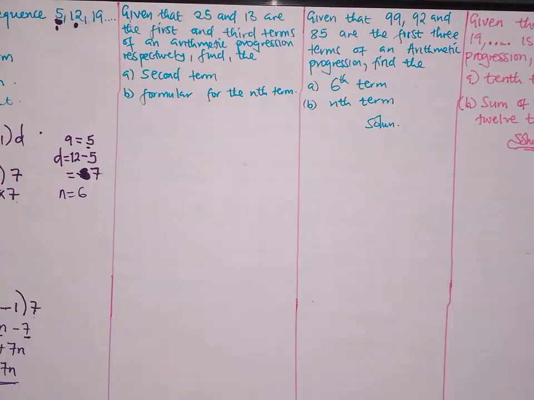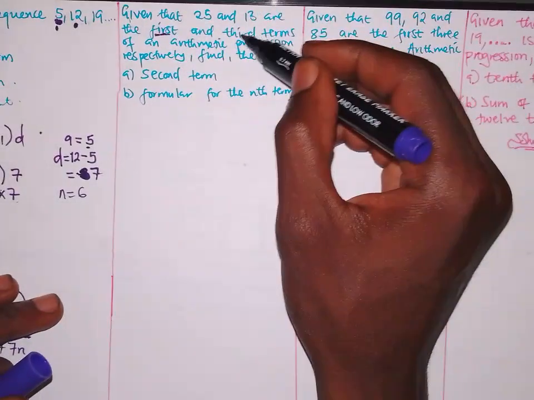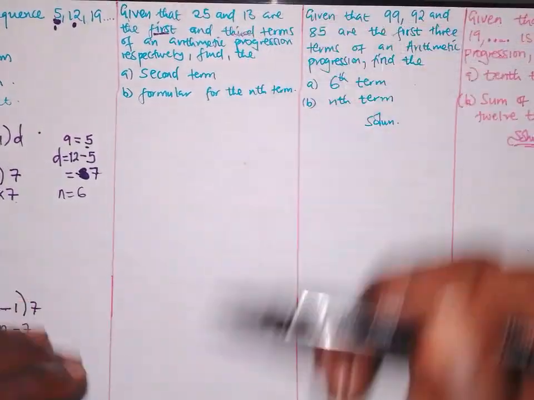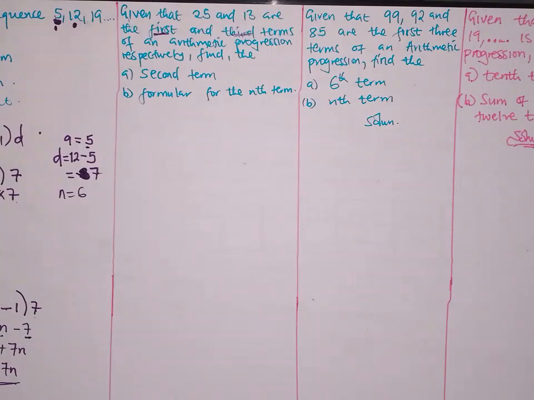It says 25 and 13 are the first and third, meaning 25 is our first term and 13 is our third term. We don't have our second term.